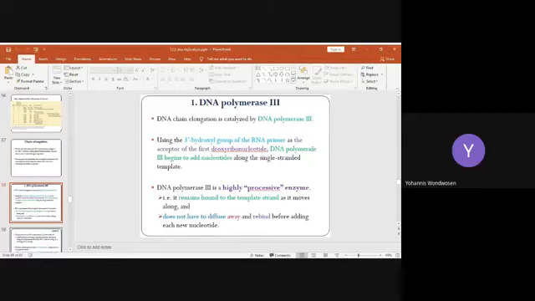So DNA polymerase 3 begins to add nucleotides in such a direction to increase the chain of the newly synthesized DNA. DNA polymerase 3 is a highly processive enzyme, that is, it remains bound to the template strand as it moves along. It does not have to diffuse away and rebind before adding each nucleotide.